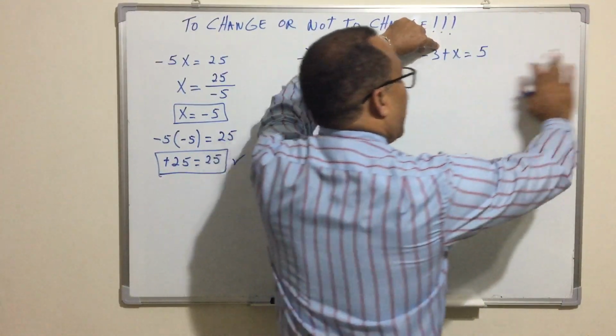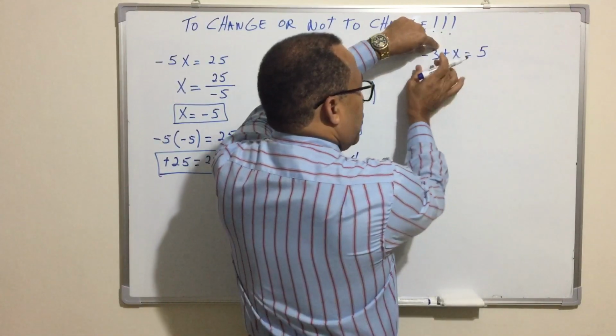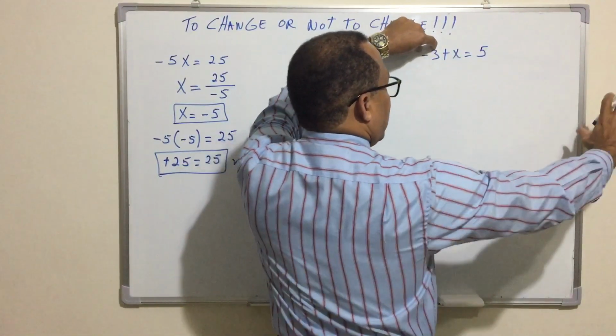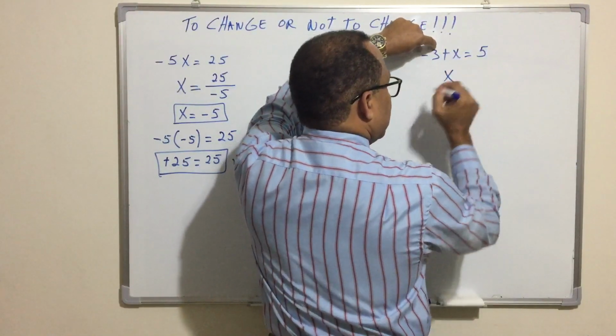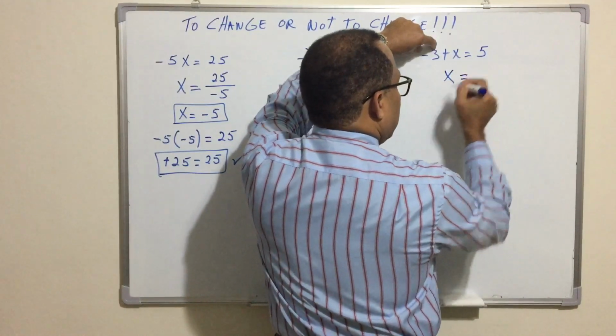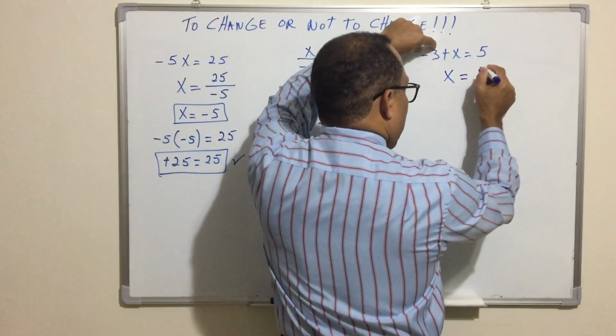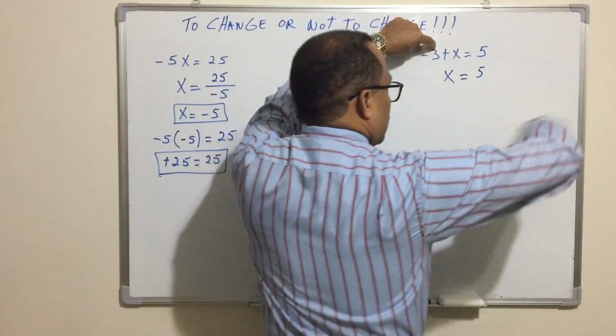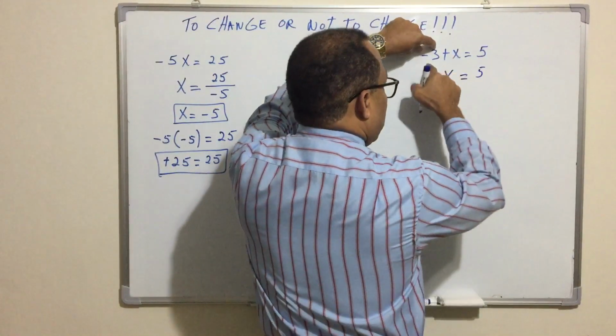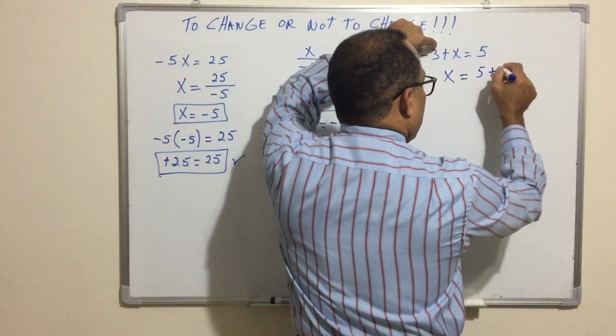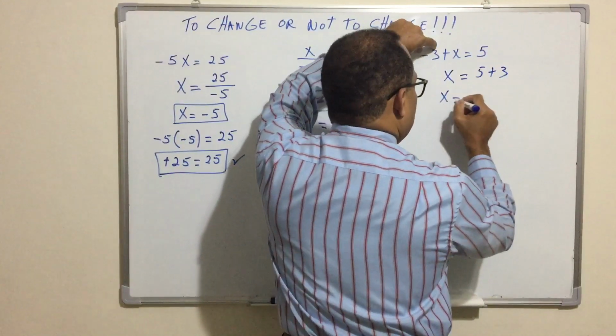It goes with a positive sign. So since I'm moving this one from the left to the right, I'll bring down the x, copy the equal sign, bring down the 5, which is waiting for the term to go. The negative 3 goes adding, plus 3, so x equals 8.